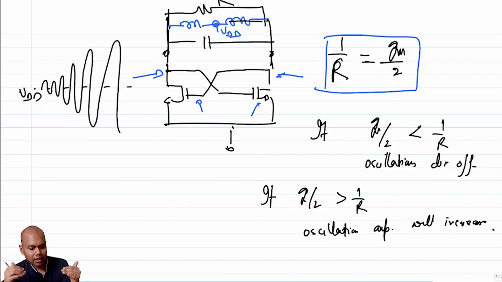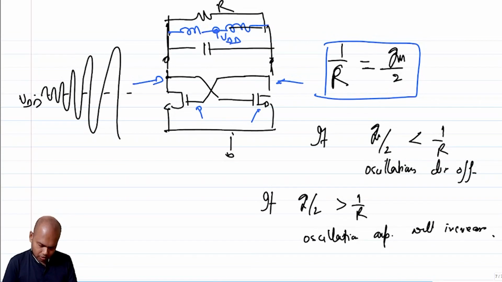But the good thing is that as long as you are more than what you require, you know that your oscillation is going to sustain, and there will be a limit to the amplitude, set by the distortion characteristics of your transistor, such that the overall average negative resistance is equal to the average positive resistance, right? You are effectively going to get an oscillation, and the oscillation frequency will be 1 over square root of LC times 1 over 2.